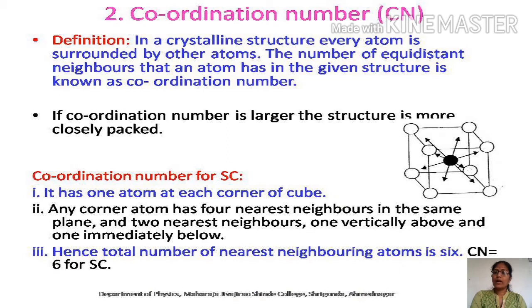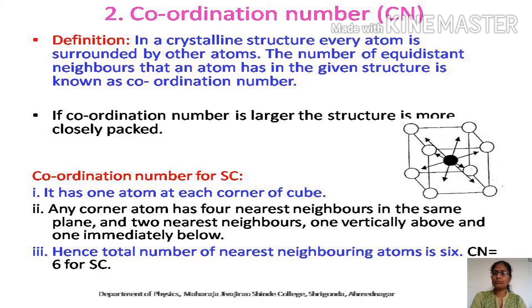Suppose I consider any atom in a unit cell, then in a crystal lattice it is surrounded by number of atoms, and if we count the number of equidistant atoms from the given atom, then this value is called its coordination number. If the coordination number is more, then the structure is said to be closely packed.